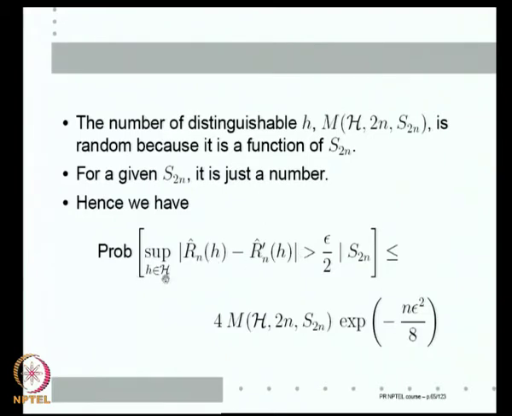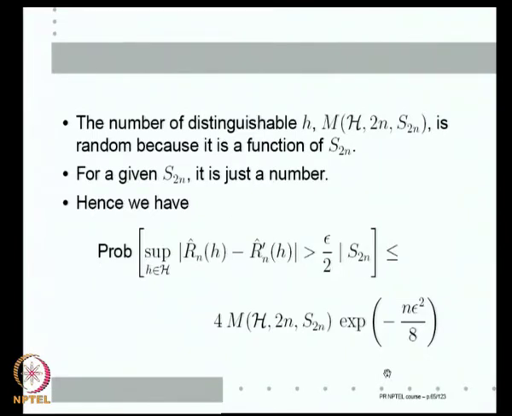Earlier we showed that for any one h, the probability that r hat n h minus r hat n prime h is greater than epsilon by 2 is bounded above by 4 times exponential minus n epsilon square by 8. Now, given a particular sample of 2n examples, the random vector S2n, we know there are this many distinguishable functions for the supremum. So, now the supremum probability is bounded above by this number.